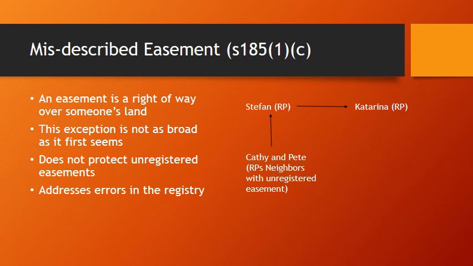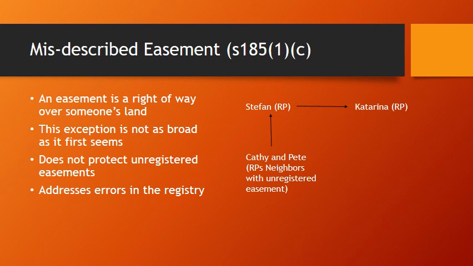So it only protects these historical mistakes in describing, or they haven't done it properly at the time it's been transferred across. In other words, it's a far narrower set of circumstances than the creation of an easement, which would be off the register and then seeking protection for it.